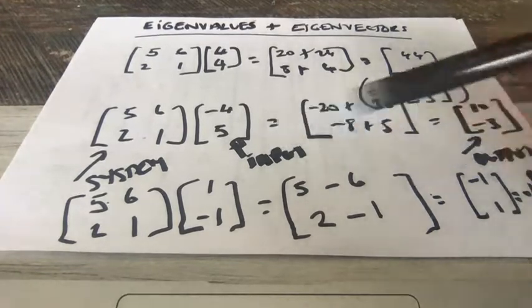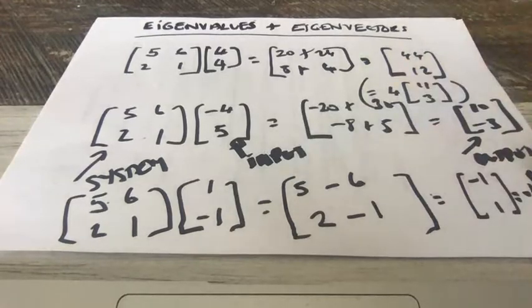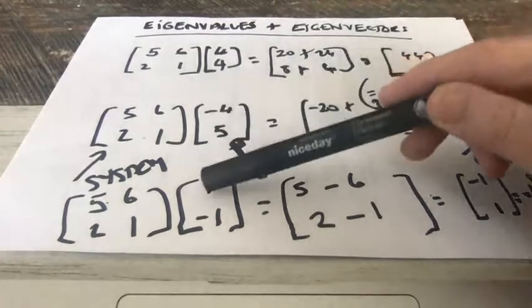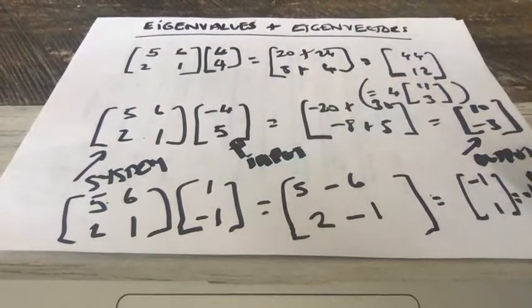Your input here, 1, minus 1, is being magnified or diminished by a number, in this case minus 1. So when your input and your output are related like this, you have what are called eigenvalues and eigenvectors. In this case, your eigenvector is 1, minus 1, and your eigenvalue is minus 1.